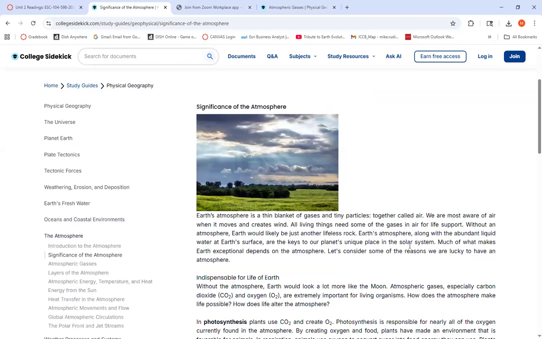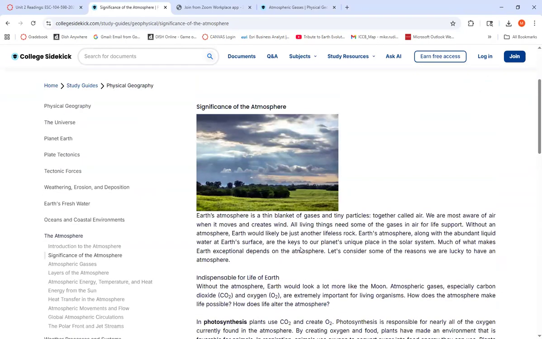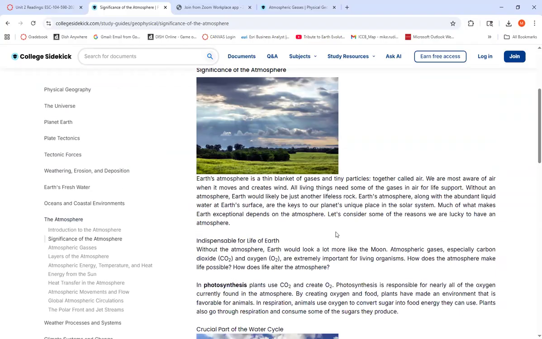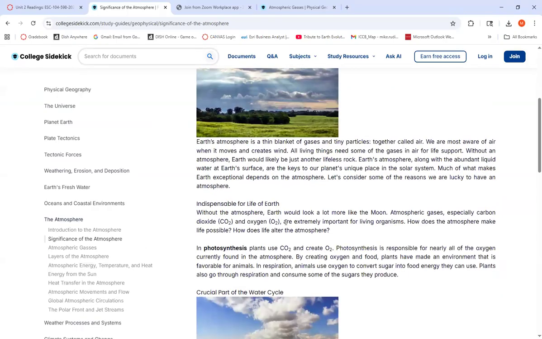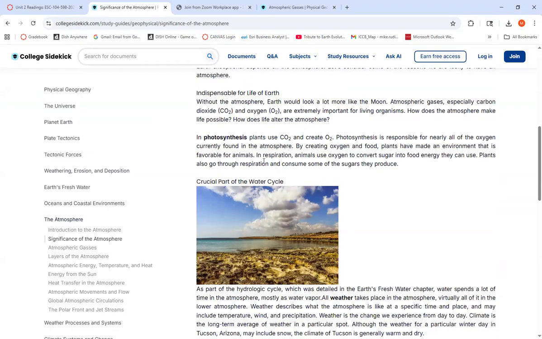When you go to the next page, you start talking about some of the uniqueness of the things that our atmosphere controls and regulates, and how our atmosphere is often different than other planets, and how certain gases in particular, like carbon dioxide and oxygen, work together to control and manage key processes in the biosphere like photosynthesis.